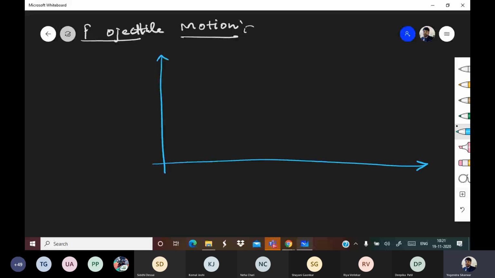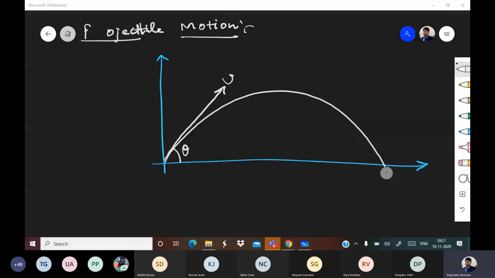So what we have done is projected the object with speed u. The angle with horizontal is theta, and this direction is the x-axis, this direction is the y-axis.